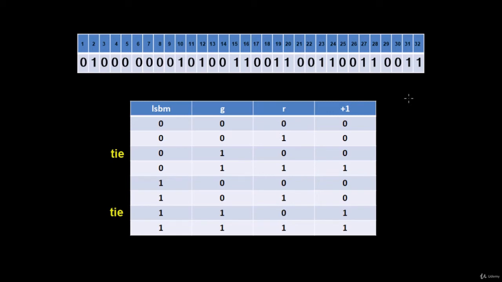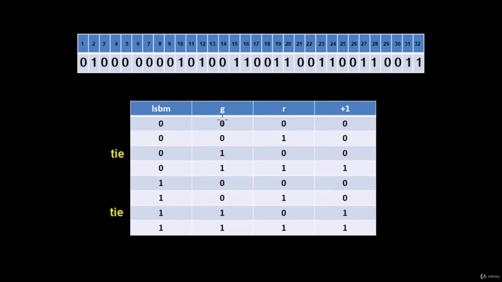So in effect, this tells us whether we're in a halfway position or not. If all of the values after the guard bit are zeros, then we're exactly halfway between values. So that's this column here.